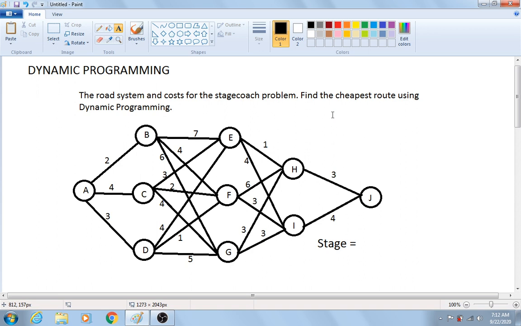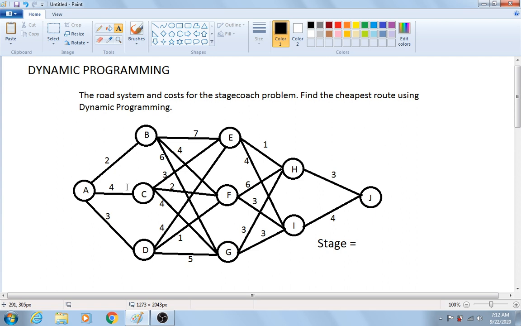Okay, now I'm coming back to this stage. In this problem, we need to determine what the stages are, and it is easy to see. Our first stage will be going from A to B, C, or D. That's stage 1.